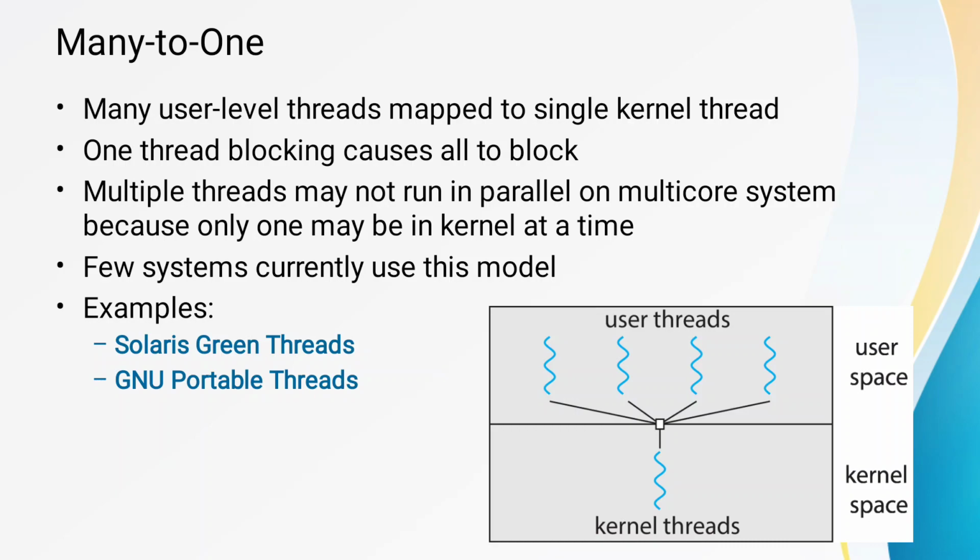Multiple threads may not run in parallel on multi-core systems because only one may be in the kernel at a time. Few systems currently use this model. In this model, one kernel thread is available and many user threads are available, so all the user threads run on one kernel thread.